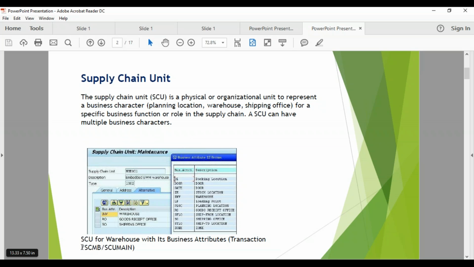The transaction is /SCMB/SUMAIN. I'll show you the easy access path also.